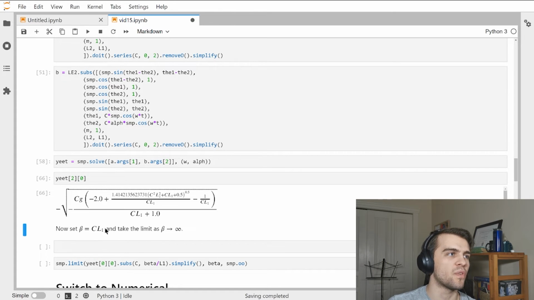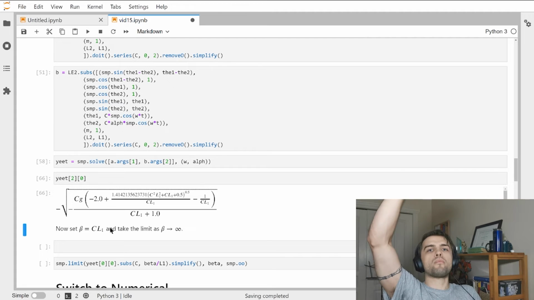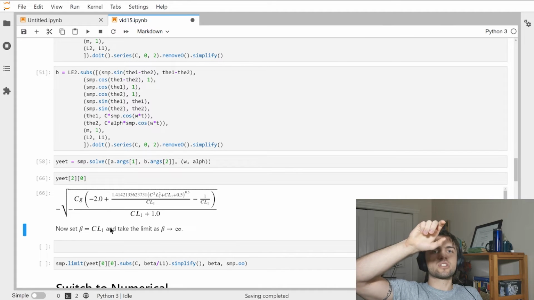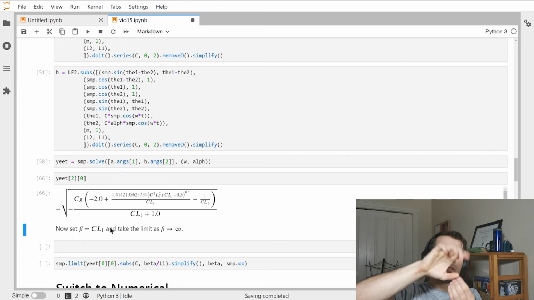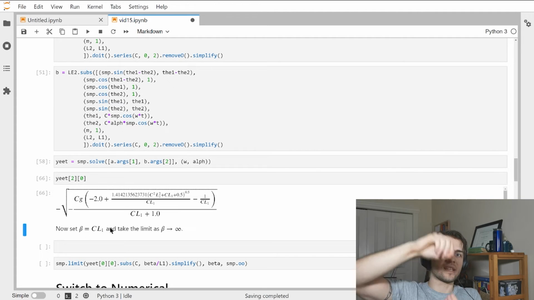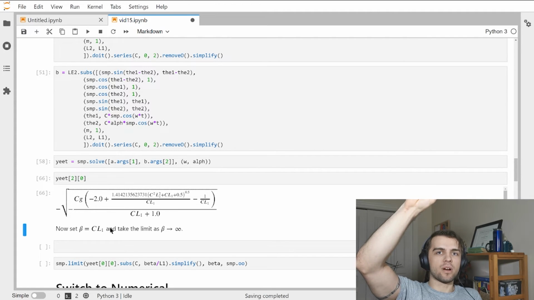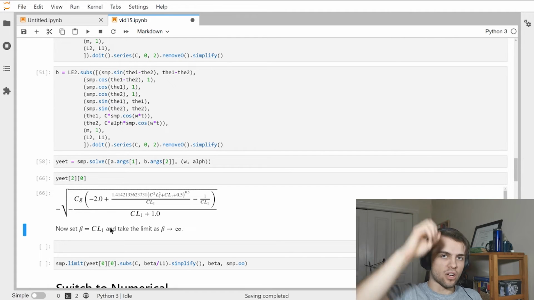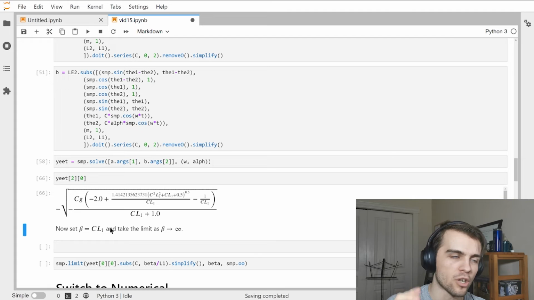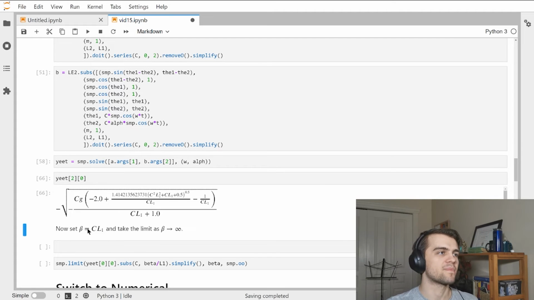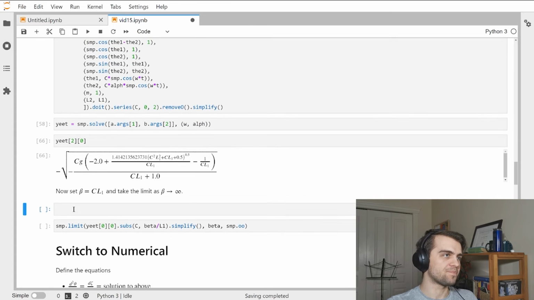So as beta goes to infinity, it says the length of the arm is so big that even though the angle is small, the product of the angle and the length is large. So the length of the pendulum arm is much bigger than the amplitude it's oscillating at, and that's an approximation we can make in this case. So I say beta is equal to C times L1, and we take the limit as beta goes to infinity.